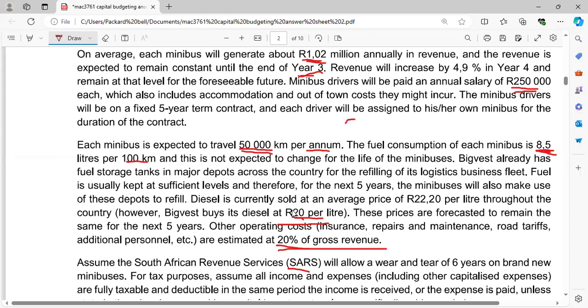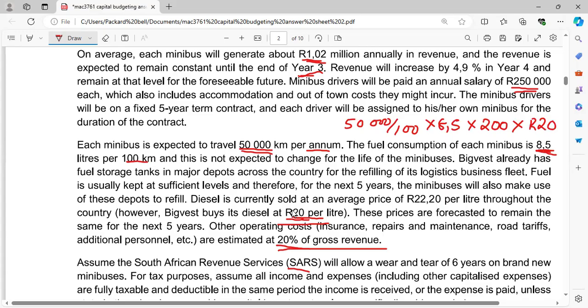For every 100, you get it by dividing by that 100. 50,000 divided by 100, then for every 100 it is going to consume 8.5 liters. Then the fuel cost is going to be 20, and the number of minibuses, remember this one is for each, is 200, then times 20 rand.